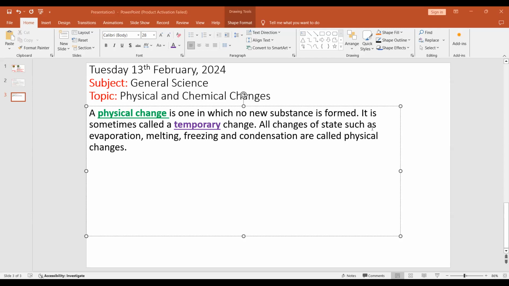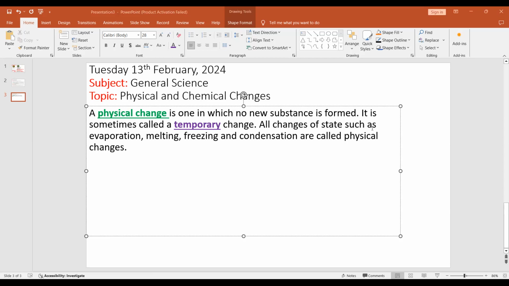So a physical change is something that is reversible. For example, if we take our water or our soda or our Kool-Aid and we put it inside the freezer, what's going to happen to that water? It's going to freeze, so it changes to a solid. That's the physical change.